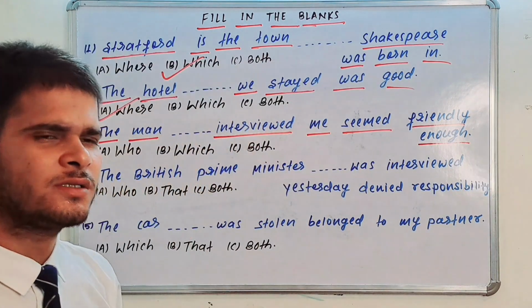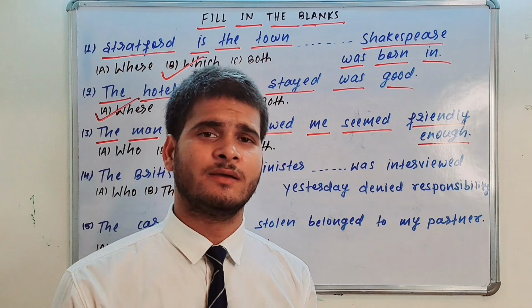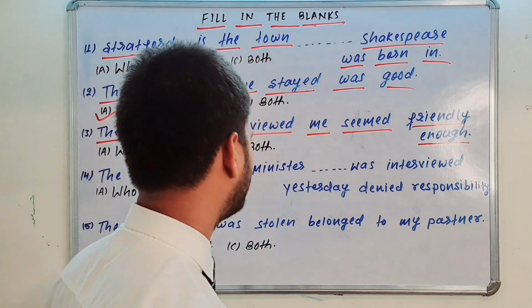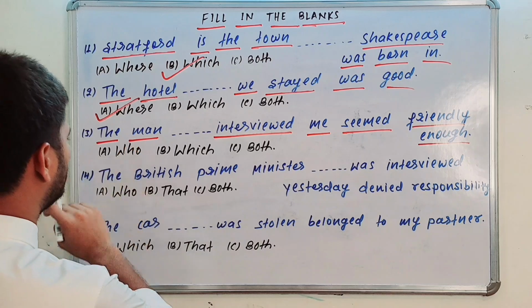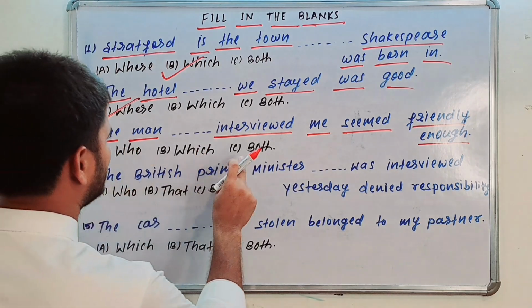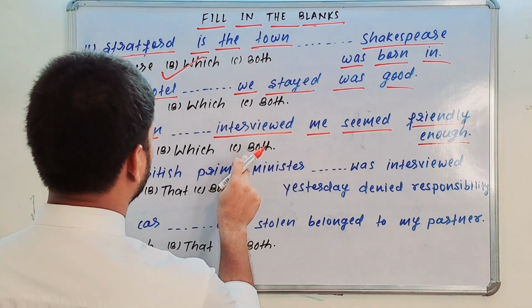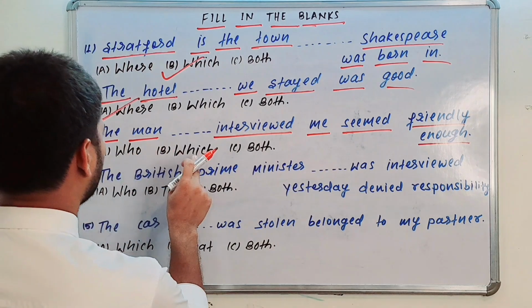So my dear students and my dear friends, select the right option for the third question. You can see option A who, option B which, option C both, that means either A or B.